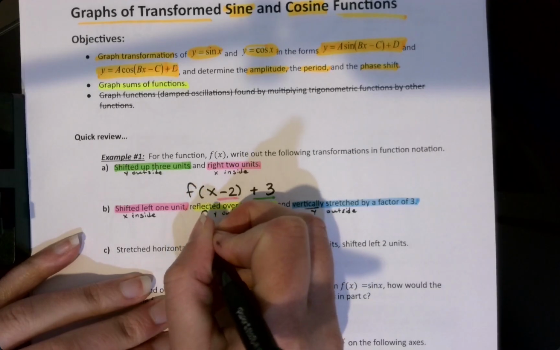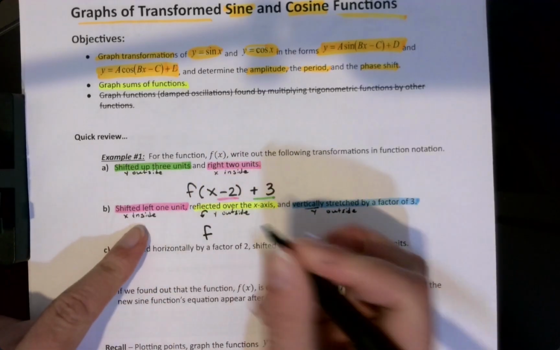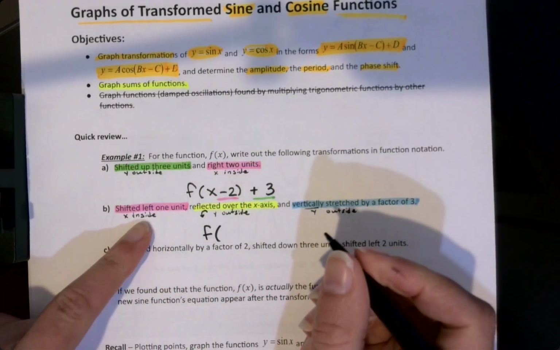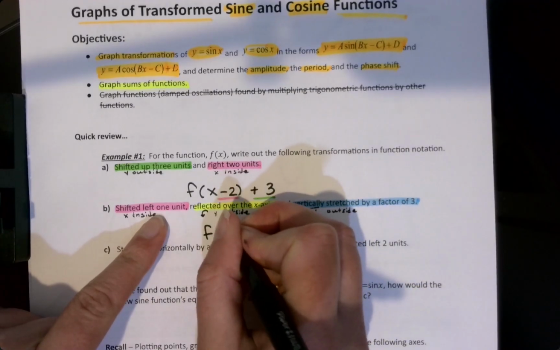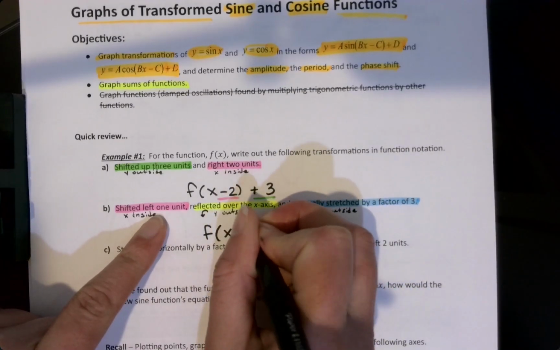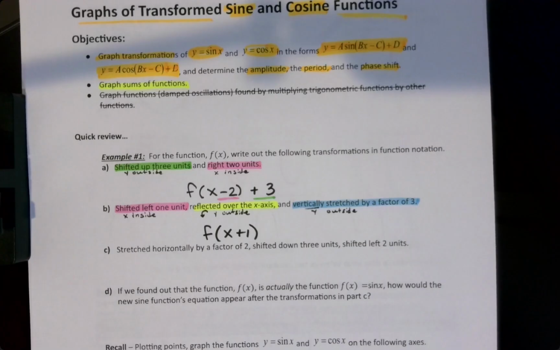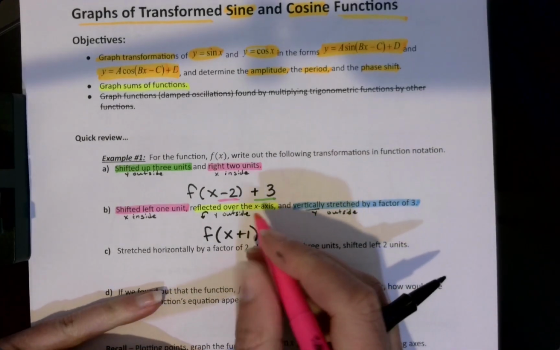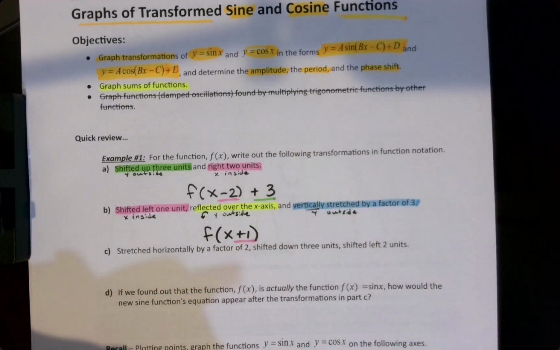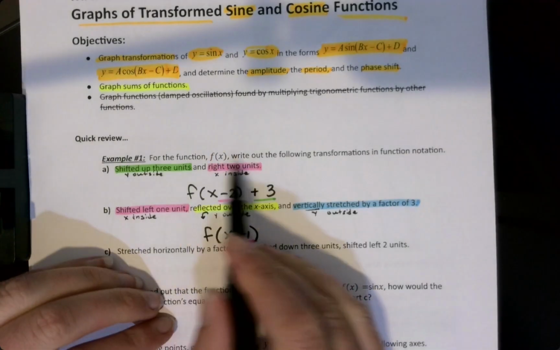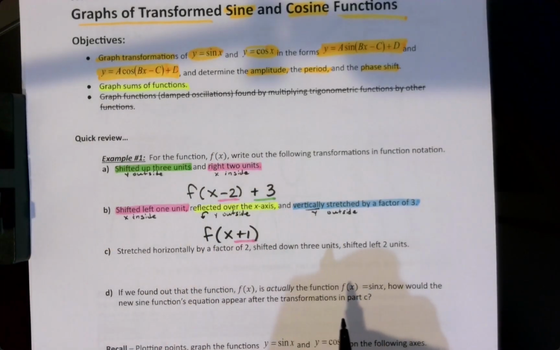So we're going to have our function f, and inside the function, we're going to shift to the left. That's going to be an x plus 1 to go left. To the right was minus. To the left is plus. Inside operations are also opposite of intuition, right? So a right would be a positive, but we use the opposite, subtraction, for the right.